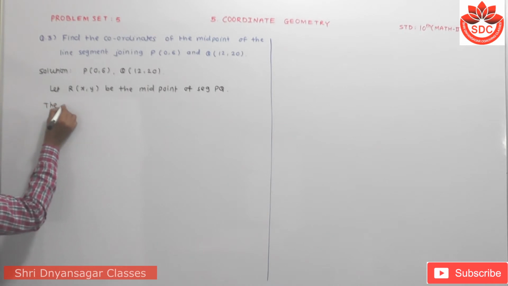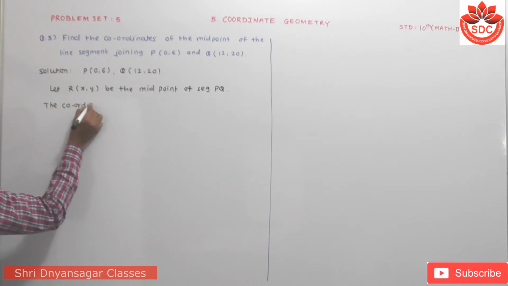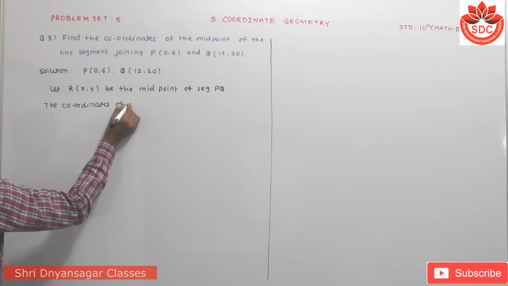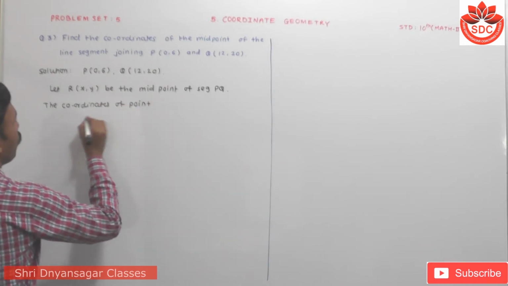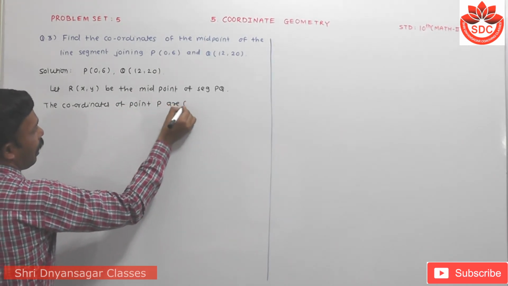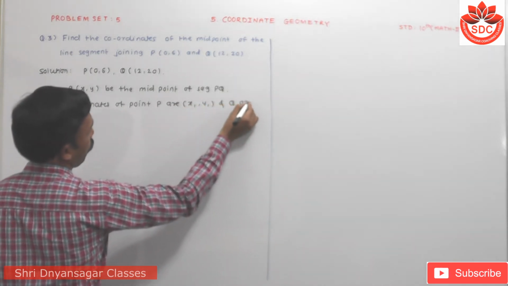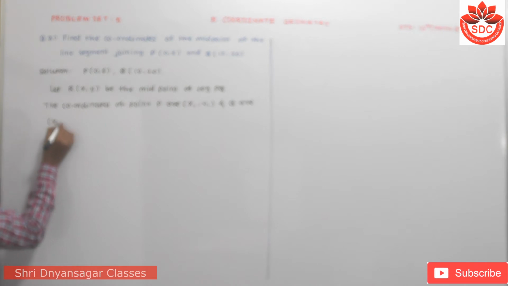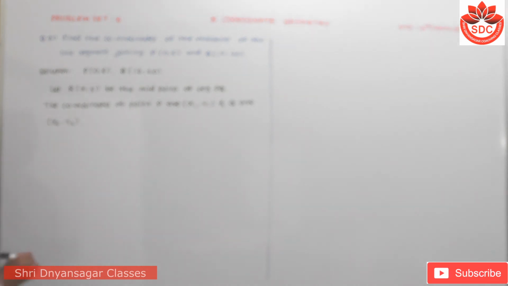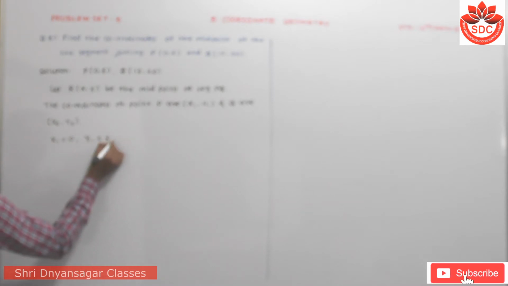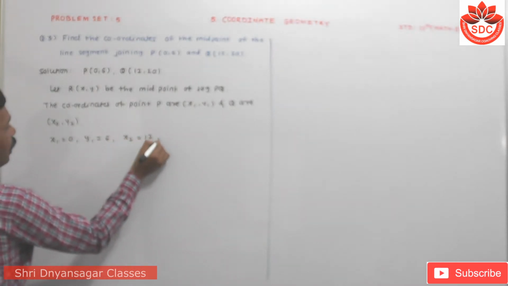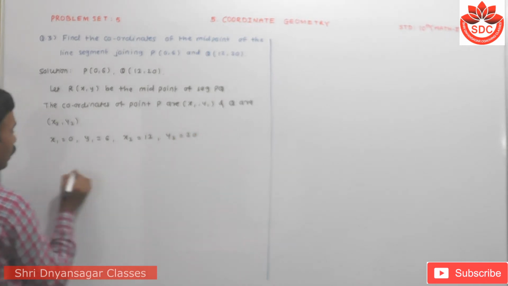The coordinates of point P are x1, y1 and Q are x2, y2. Now here x1 is equal to 0, y1 is equal to 6, x2 is 12, y2 is equal to 20.